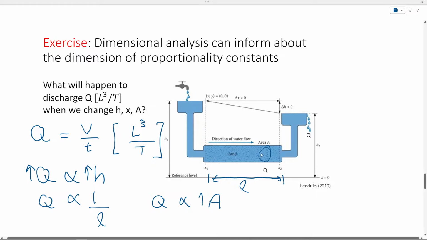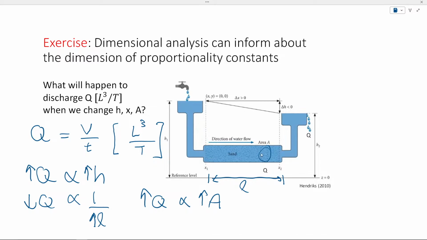If you have high area, you'll have high Q. If you have high length, you'll have less Q. This is called directly proportional: this one to one, if this goes up, this will go up. This is called inversely proportional: if this goes up, this will go down.